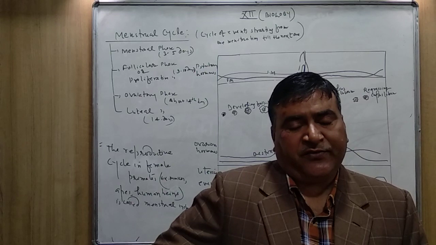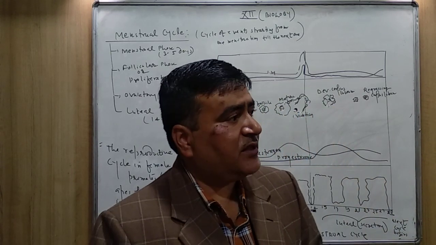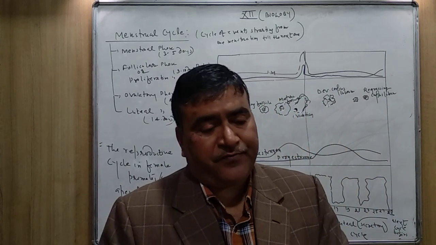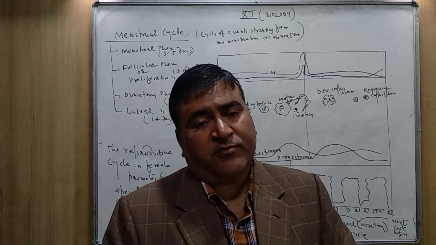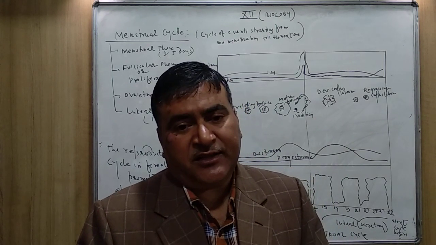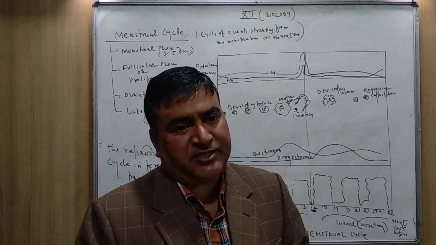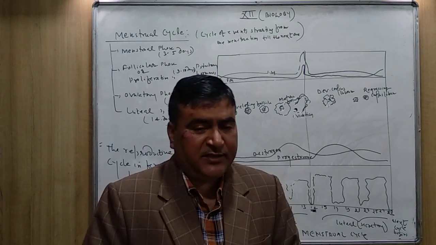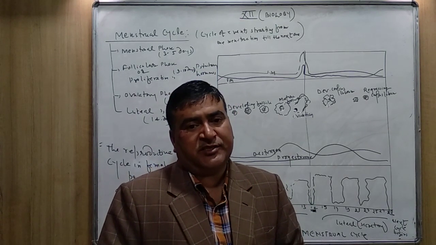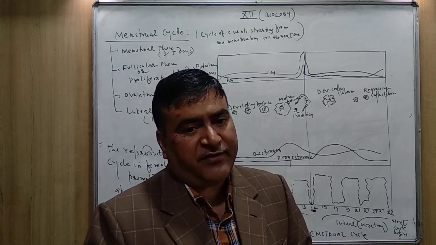The menstrual phase is followed by the follicular phase. In the follicular phase, 2 hormones are secreted by the pituitary gland. These 2 are FSH and LH. FSH especially selects the immature follicle, which is converted into the Graafian follicle.